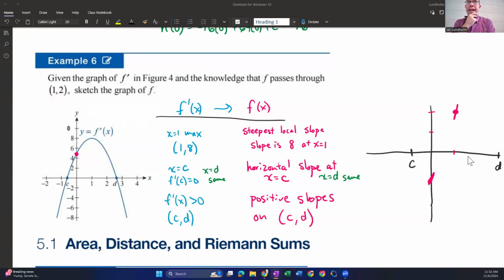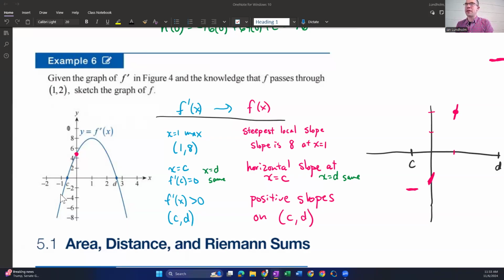And once we get to -1, it looks like we would be at a negative slope. So when we get to C, that's where we've got our flat slope. And likely on this one, we would go up until we get a flat slope on D as well.